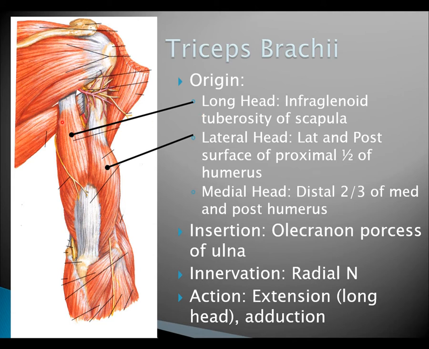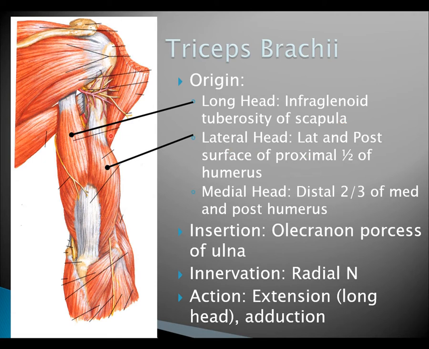So in this picture right here, it is covered up, the origin, but the long head of the tricep is going to cross the shoulder joint, and it's going to originate on the infraglenoid tuberosity of the scapula. So, like the long head of the bicep originated on the supraglenoid tuberosity of the scapula, above the glenoid fossa, the long head of the tricep is going to originate on the infraglenoid tuberosity of the scapula, which is a bump on the inferior part of the glenoid fossa.